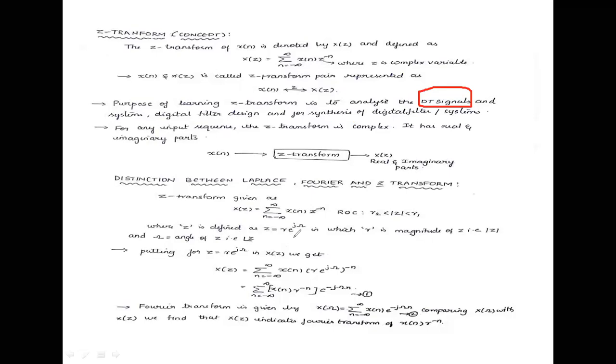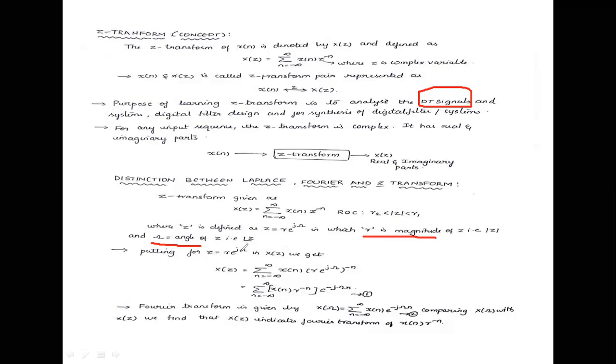We use the sum because we are analyzing digital signals. Here z is defined as r e power j omega, where r is a magnitude and omega is an angle, or you can write it as theta also.